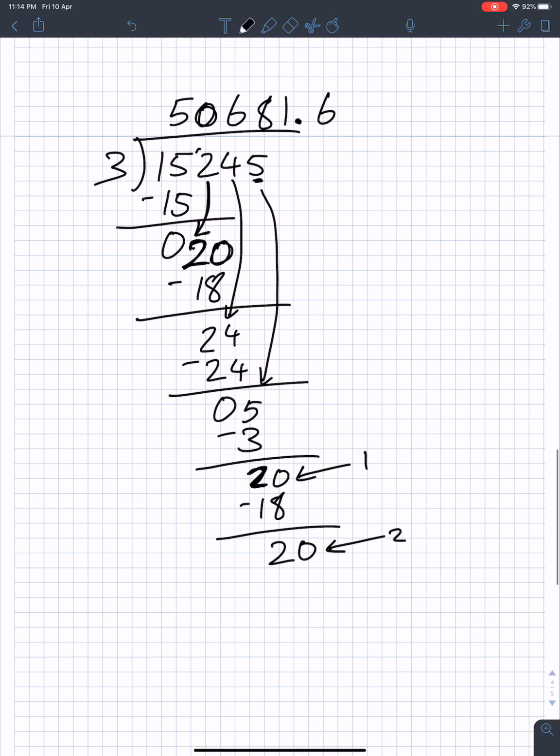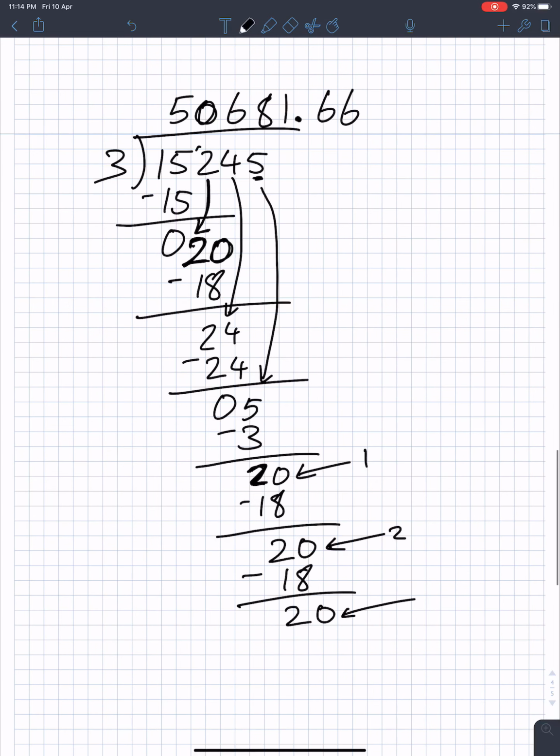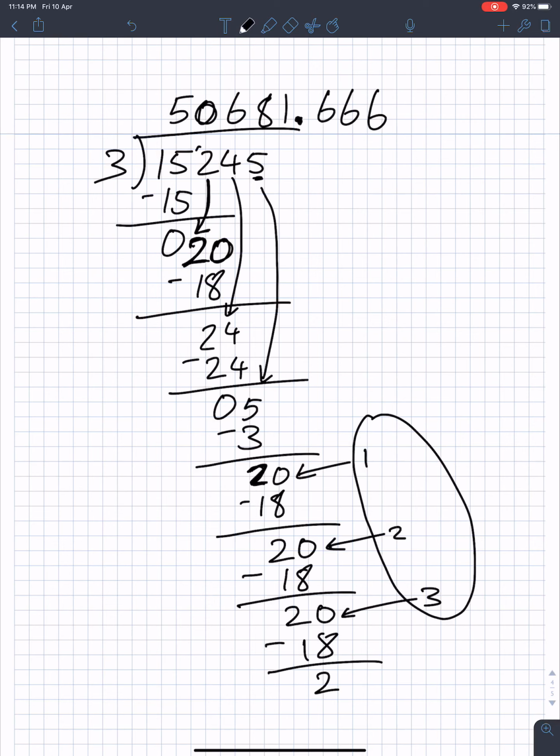Again, same process. 6 times 3, 18. Subtract it. We're left with 2. We can use one more 0. This will be our third 0. And so we say our 3 times table till we get to a number close to 20 or 20. So that will be 6 3 18. 6 times 3 is 18. Subtract 18 from 20, and we're left with 2. Right, now we've used the decimal rule, right? We've used all 3 of our zeros.